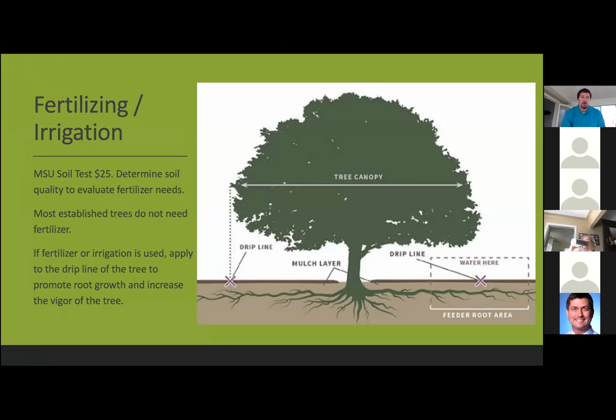No. In most situations, established trees are not going to need any of this. Trees do a very good job of maintaining their own environments.